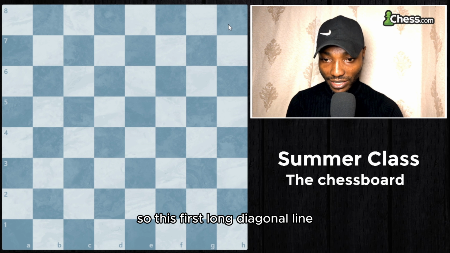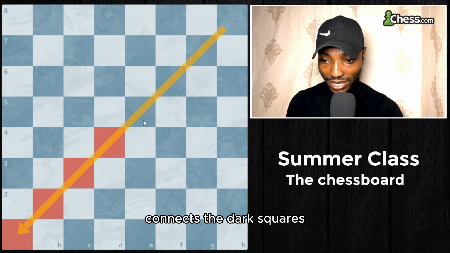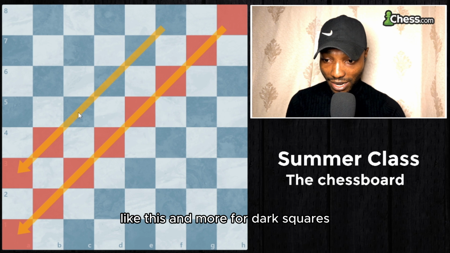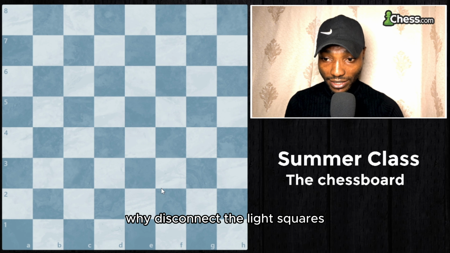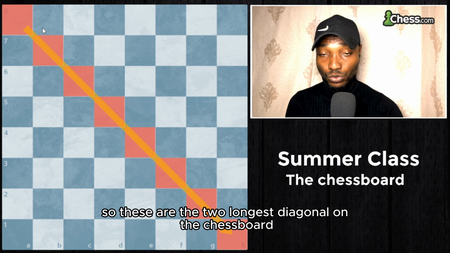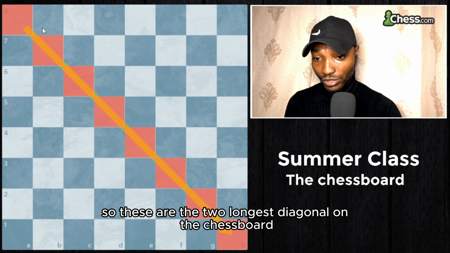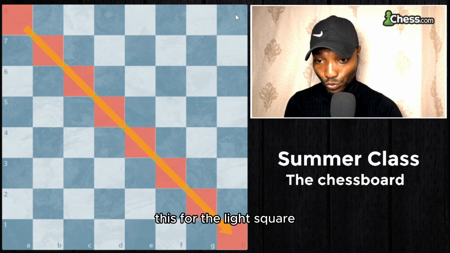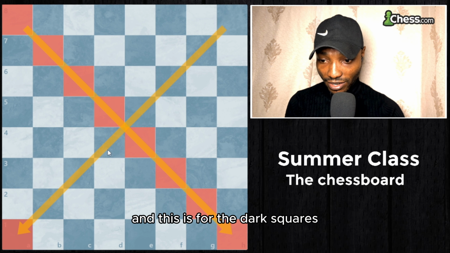So this first long diagonal line connects the dark squares, and there are so many other connections too, like this and more for dark squares. Why disconnect the light squares? So these are the two longest diagonals on the chessboard. This one is for the light squares and this is for the dark squares.